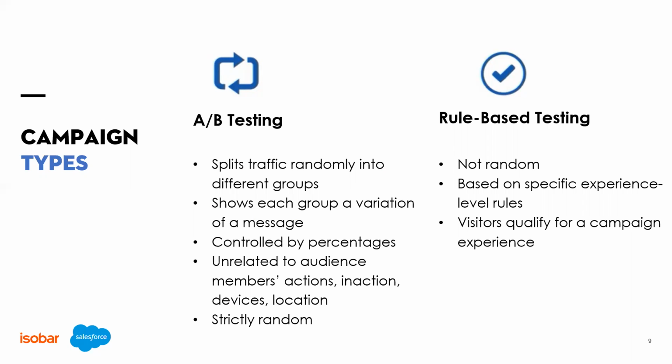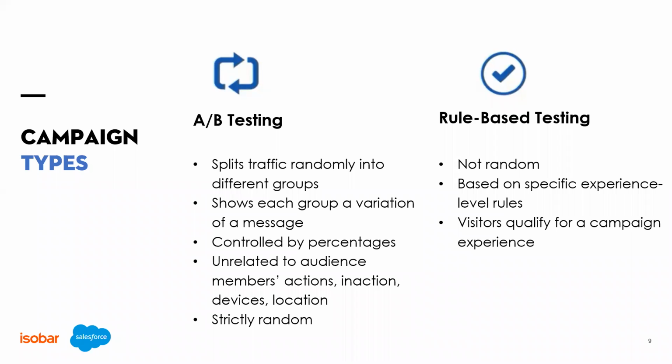Here there are some points describing this A/B testing campaign type. First of all, it splits traffic randomly, strictly random selection into different groups. And for each group, you can show a different variation of your message, so a different type of experience.